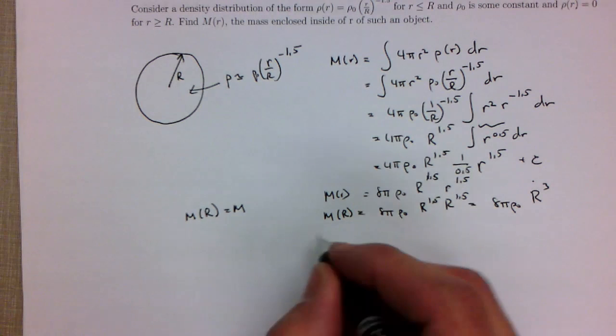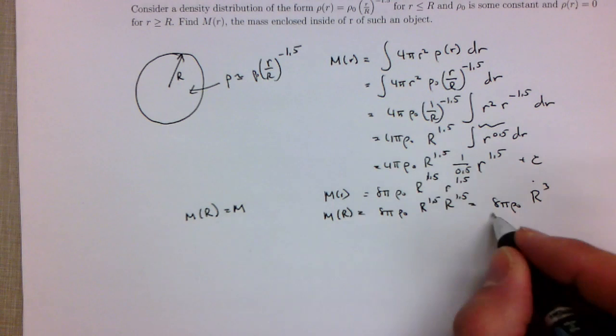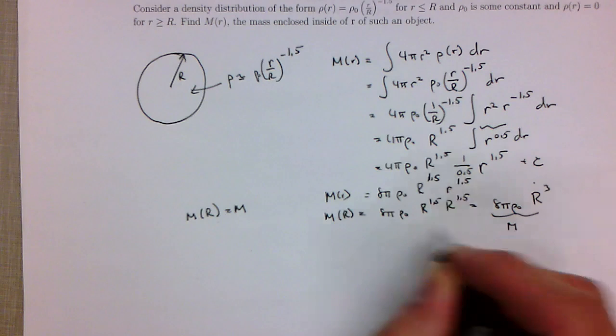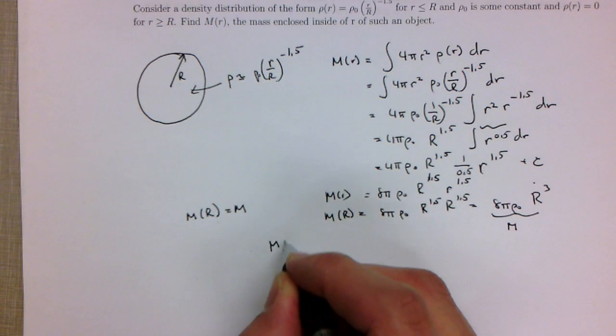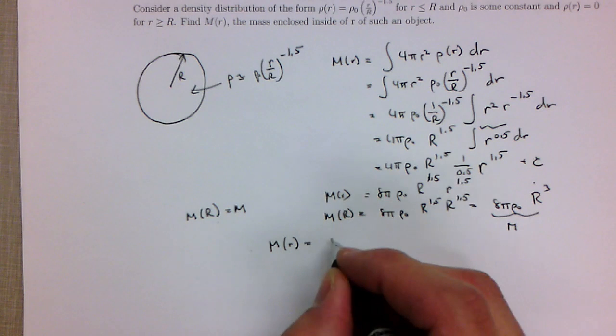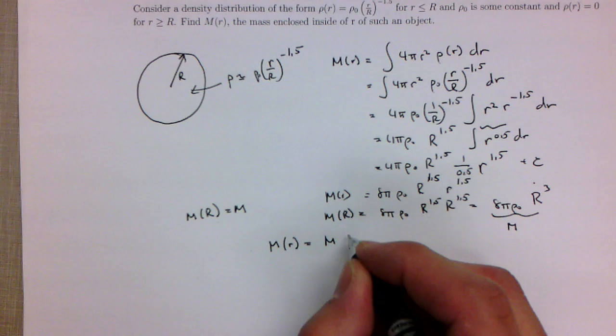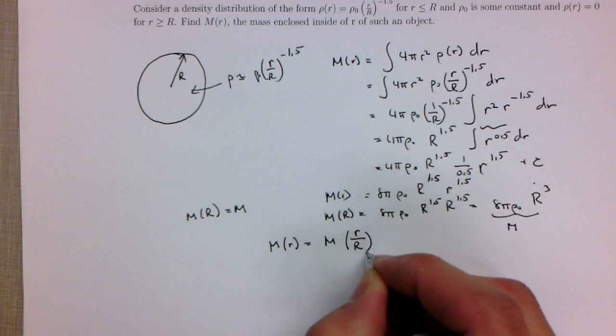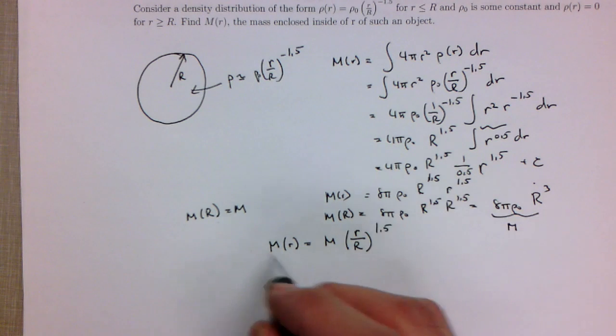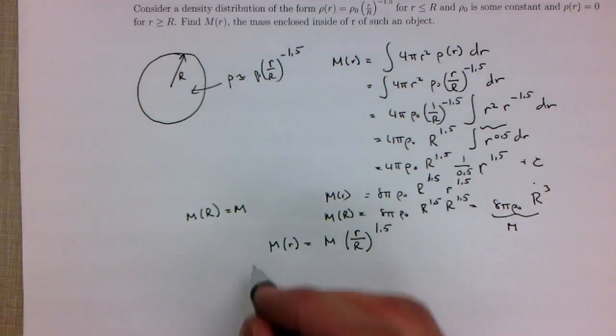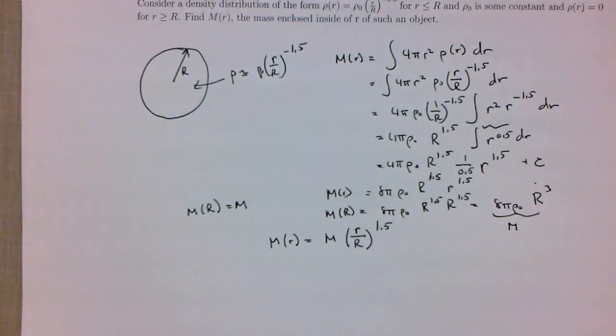If you write it like that and set this equal to M, then capital M of little r is just going to be M times (r over capital R) to the 1.5, which is a significantly simpler way of writing it. Either of these was acceptable, but from either of these you can determine what the gravitational force needs to be. Hope that was helpful.